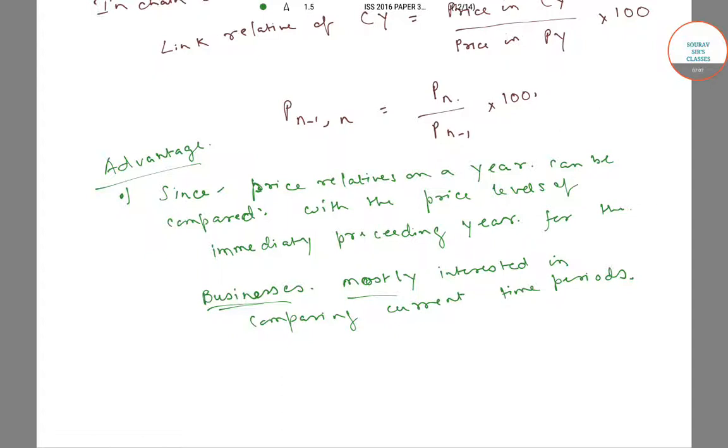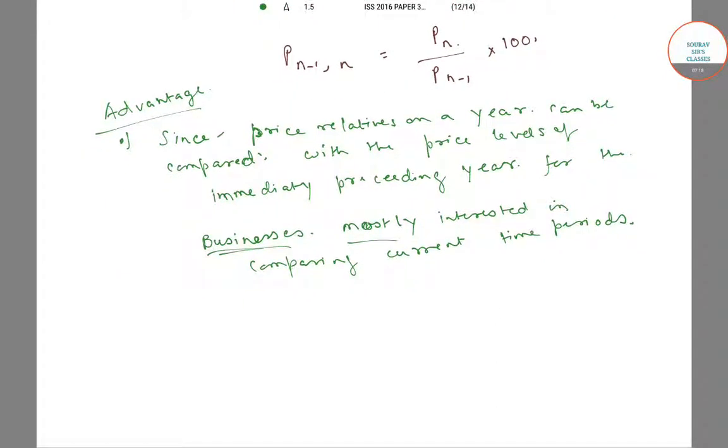Now the next advantage of this chain based method is that it is possible to include new items in an index number or delete old items that are no longer important.